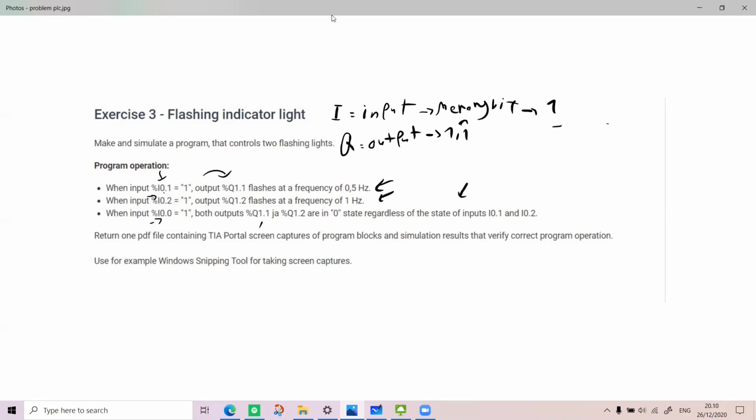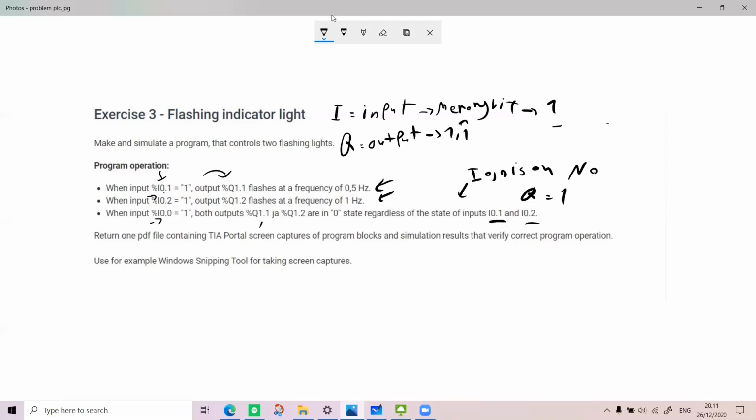All sentence number 3 is saying is that when I 0.0 is on, no Q can be 1. So none of the lights can be on if switch number 3 is on, regardless of whether switch number 1 or 2 are on. So both switches can be on, but as long as the main switch, we can call 0.0 the main switch.